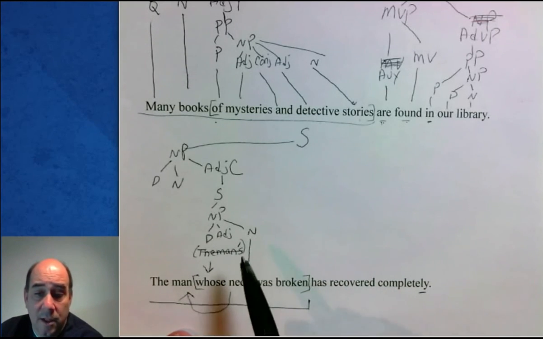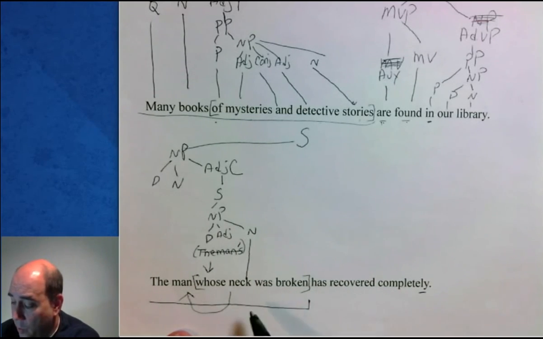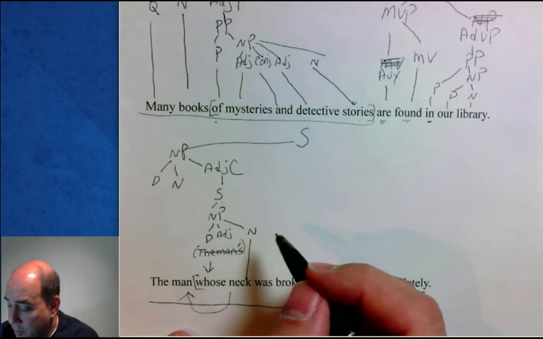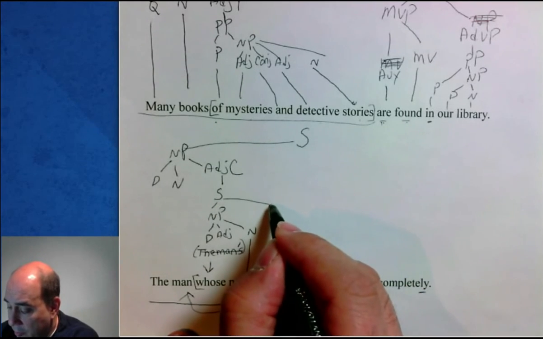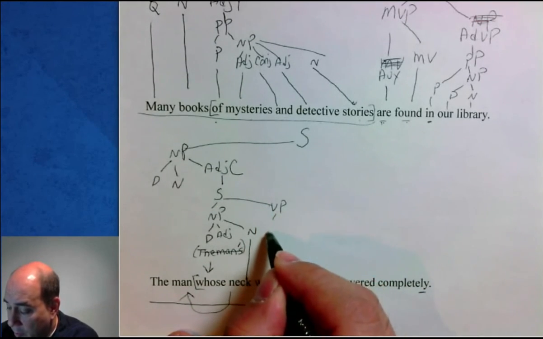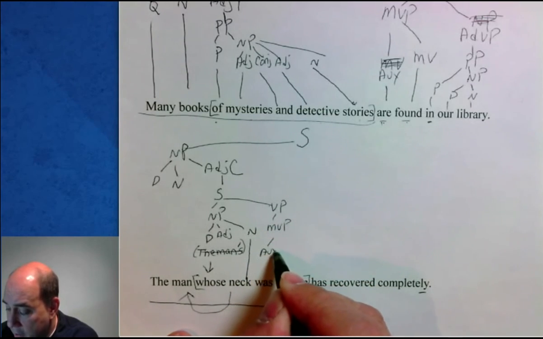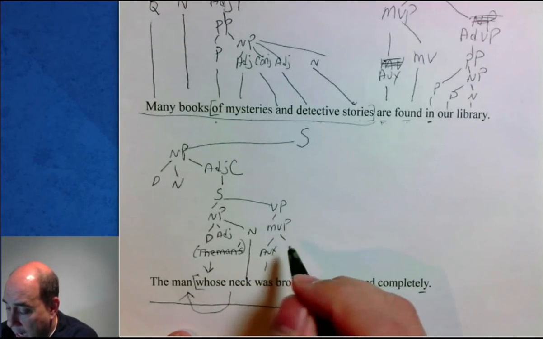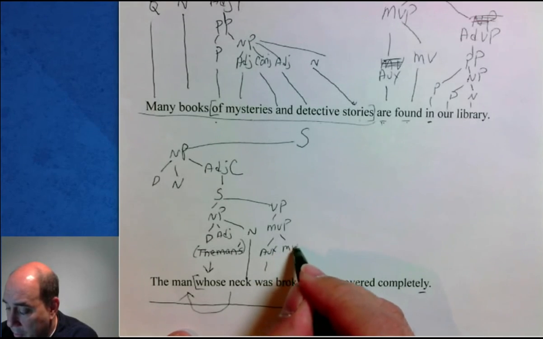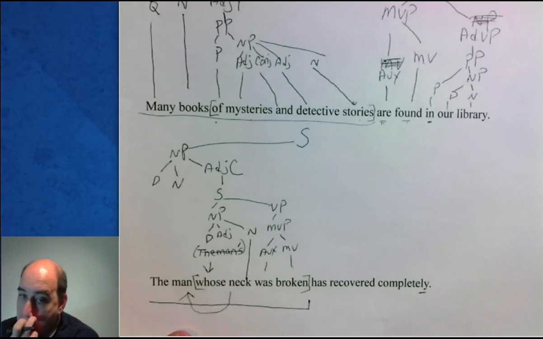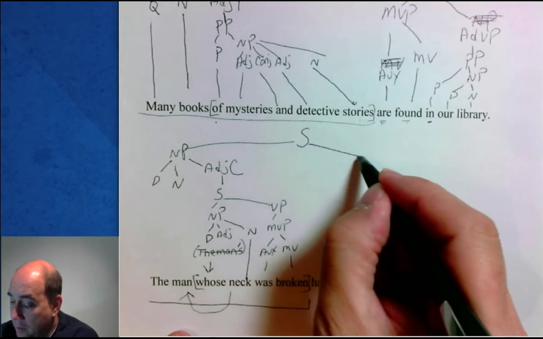So the man's neck was broken. That's going to be your verb phrase. Where'd my sentence go? Here we are. Your verb phrase is going to have a main verb phrase, and that's going to be broken down into an auxiliary, was, and a main verb, broken. And we come on over here to the main sentence.